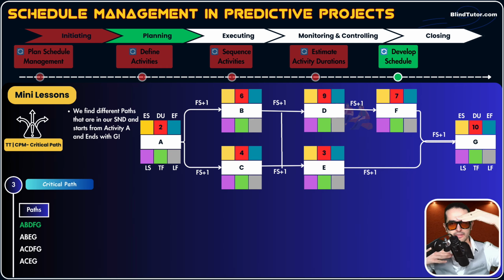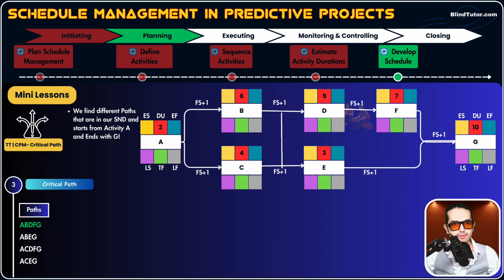They do it in parallel. Then again, half of the team works on D, E, and then activity F, and finally activity G. So our project team completes all activities. We find these paths to find the project's duration, guys. So please differentiate between these two. We will do all activities. We find paths to find our project's duration.